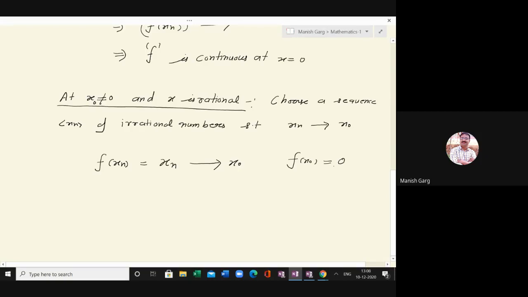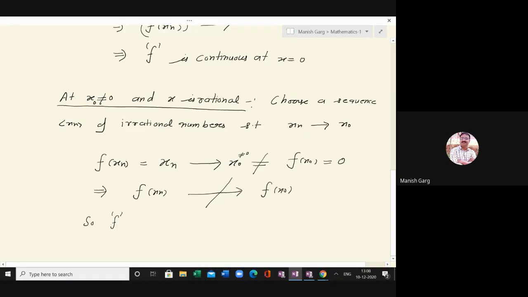So f(x naught) is equal to 0, and f(xn) converges to x naught, which is not equal to 0. So this cannot be equal, since x naught is non-zero. So f(xn) does not converge to f(x naught).